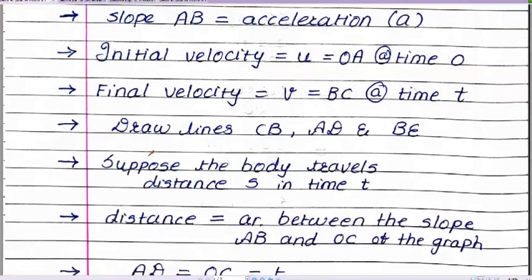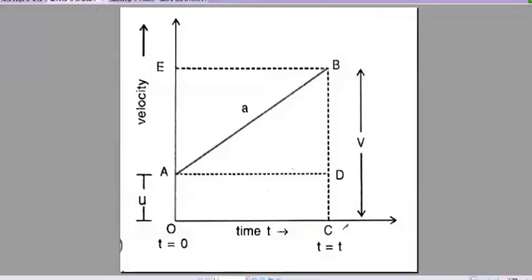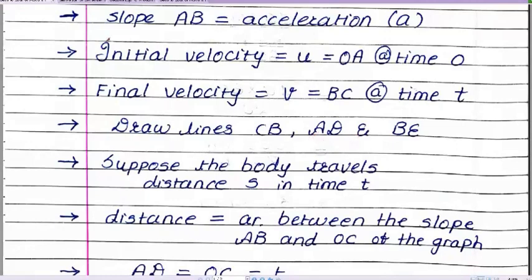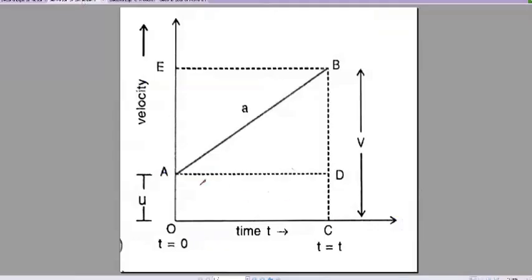Now, to complete the graph, we will draw certain lines, that is CB. CB means this BC, just to complete the graph. Then AD and BE.